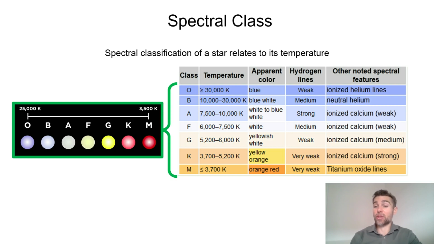They can actually support those. So you get things like titanium oxide lines, which you'd only get in those very cool stars. So actually it's a collection of all of those things there that can help give you your spectral class. So you can have a spectral class, temperature on the HR diagram, depends, or you have both basically.